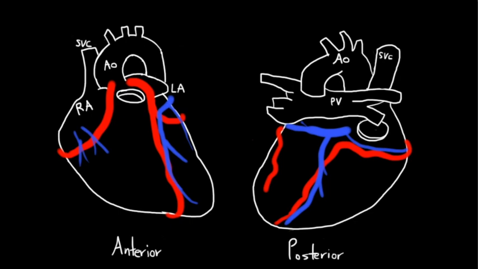Also, it's worth mentioning a few things about the cardiac veins. I've overlaid the veins here in blue on top of the arteries, which we've already gone over. A couple things worth pointing out. This big vein right here is called the great cardiac vein.